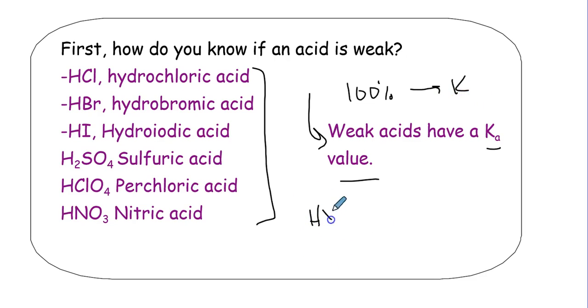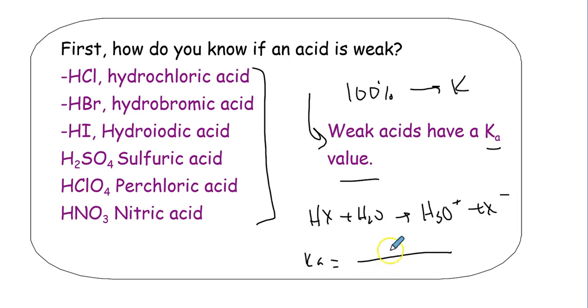We have HX plus H2O yields H3O plus and X negative. If your reaction goes to completion, then Ka is H3O plus times X negative over my original HX, and this is 0. So this is just going to be infinitely large, so it doesn't do any good.